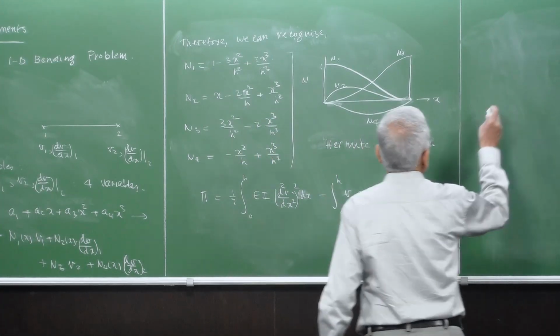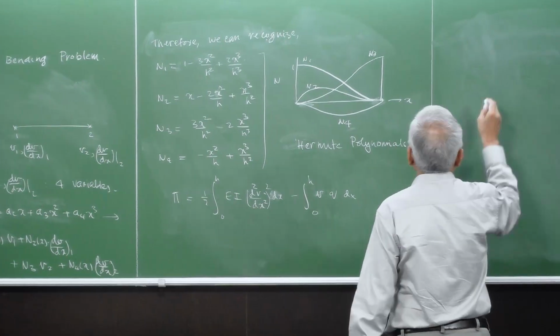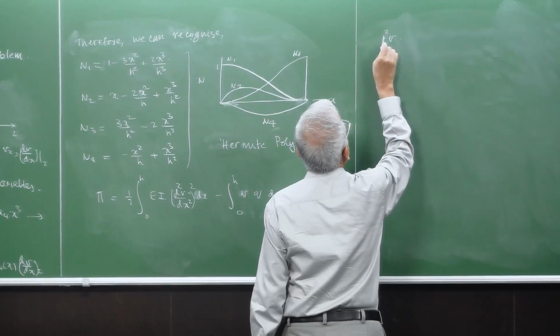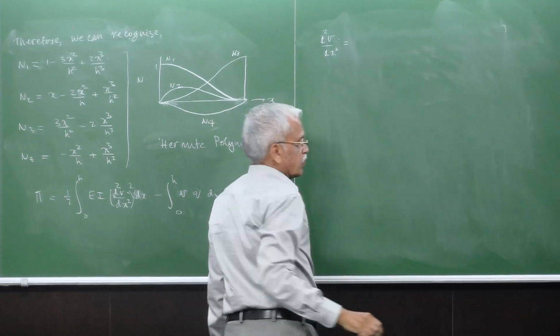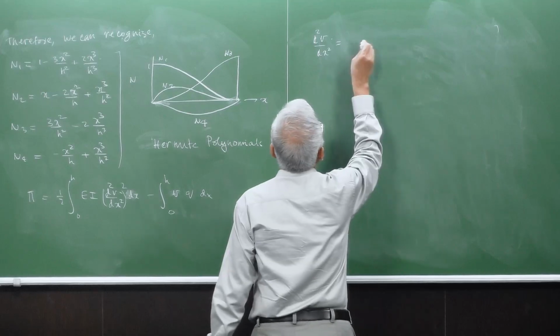So how do we calculate d square v by dx square, and then take a square of it? So how do we have v there, approximation with the function?